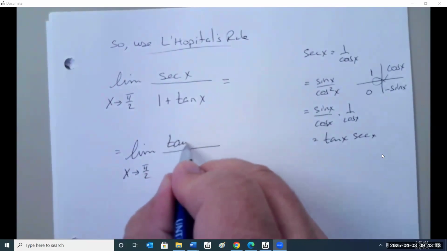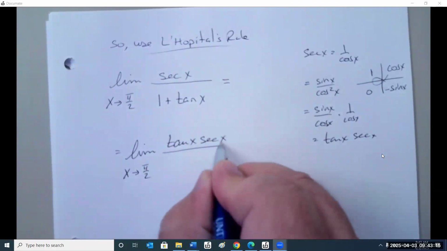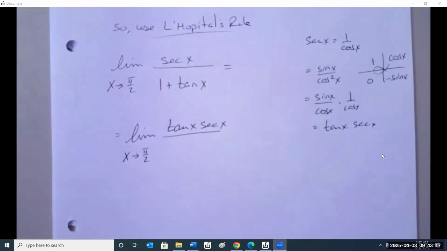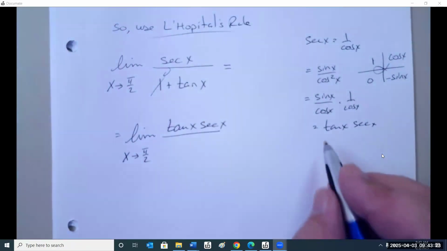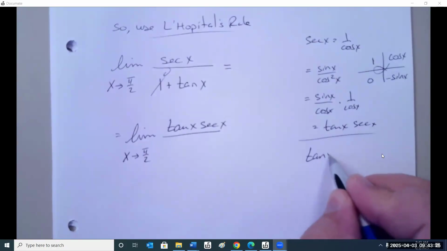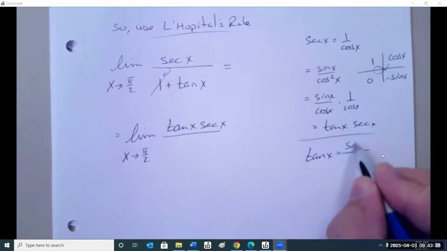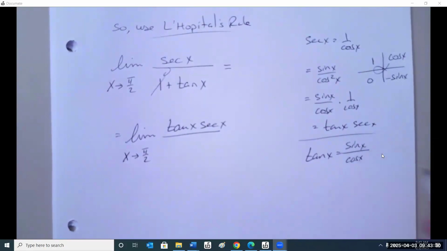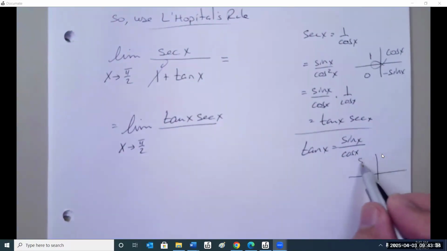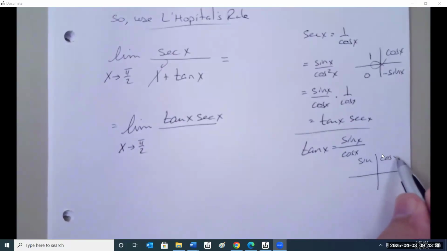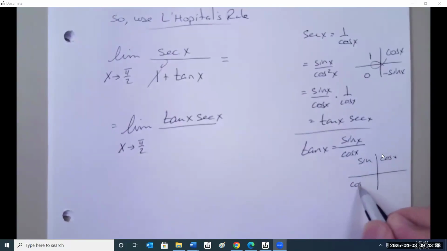So it's tangent secant. The derivative of 1 is 0. The derivative of tangent: tangent is sine over cosine, so we have another quotient rule. Sine, cosine. The derivative of sine is cosine.